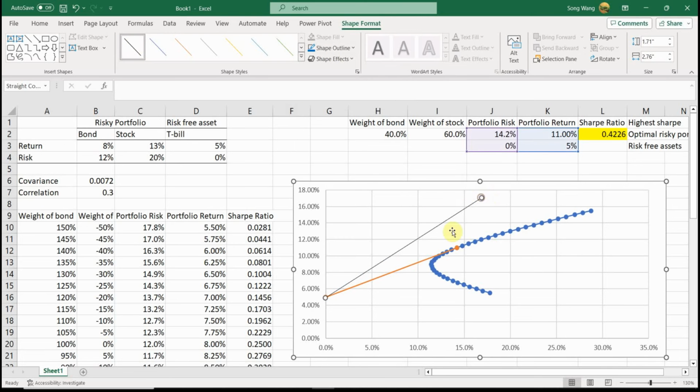None of your investments could give a point that intercepts with this line, because this line is above the efficient frontier.